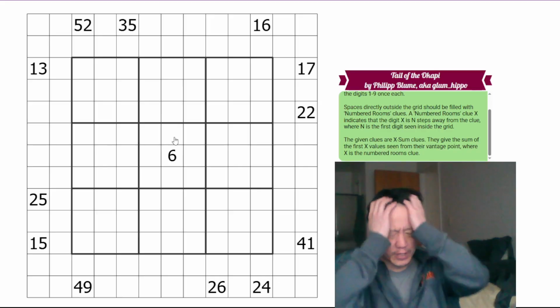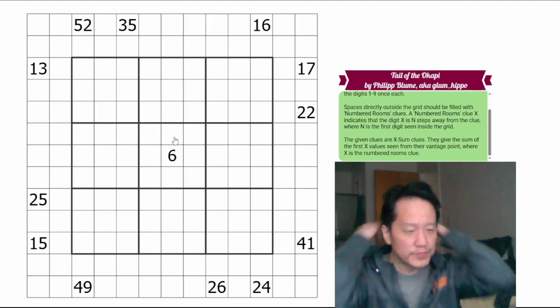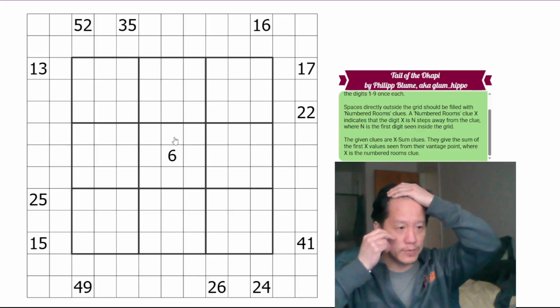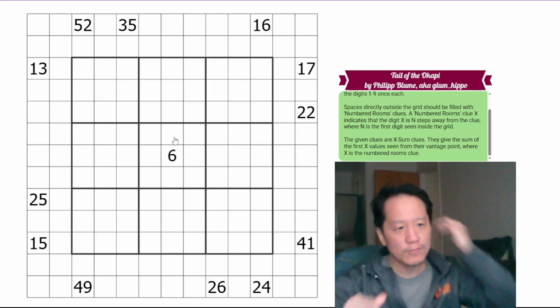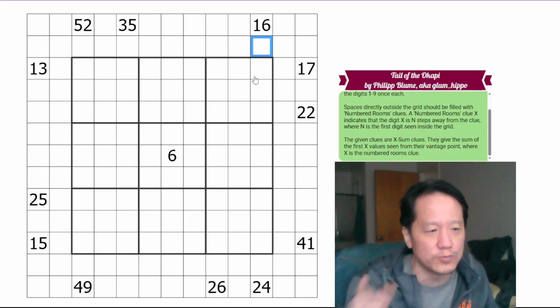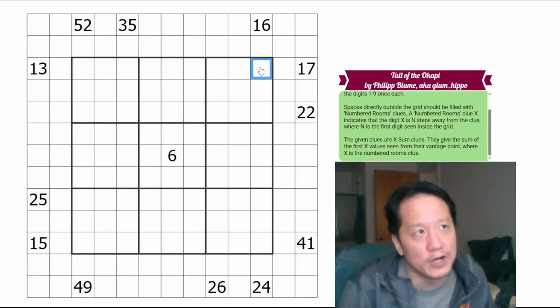One thing about numbered rooms clues is that unless the clue outside is a 1, you can never have 1 be there. But I don't know if that tells us too much.